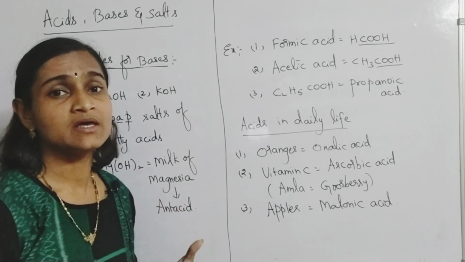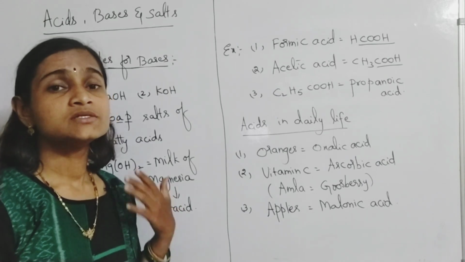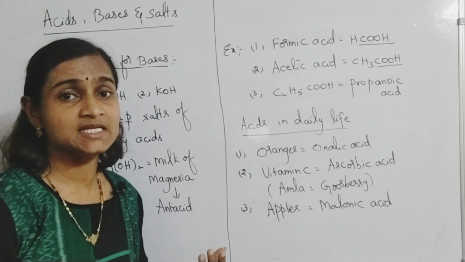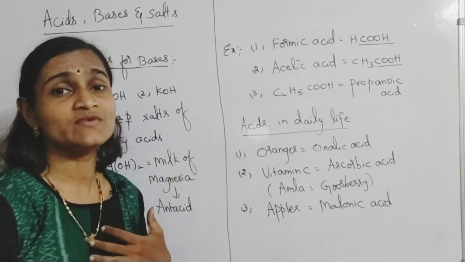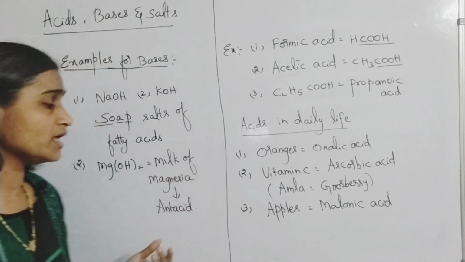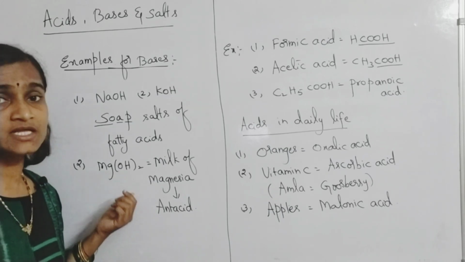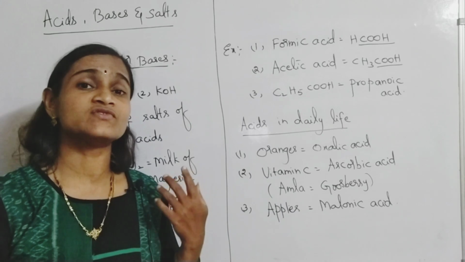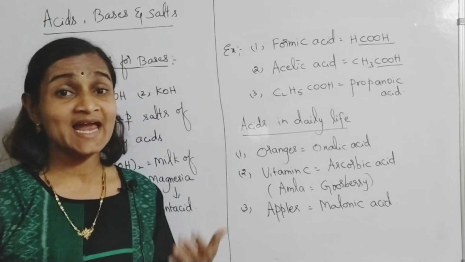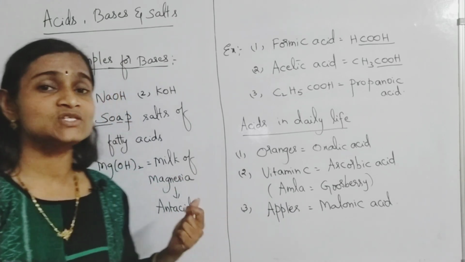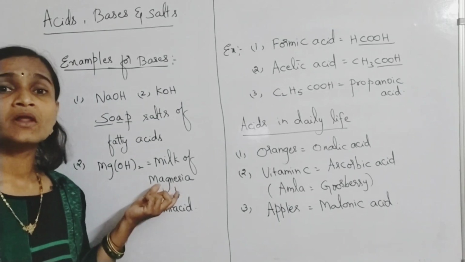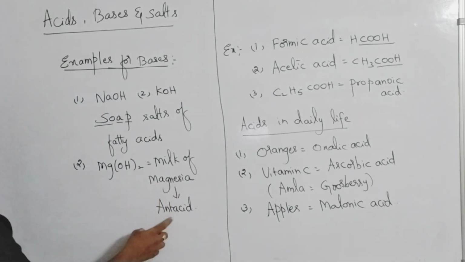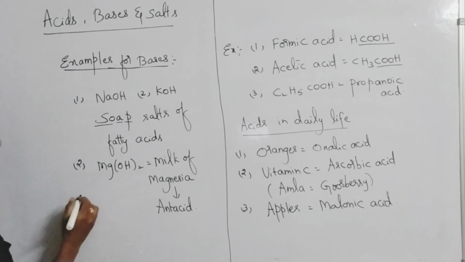Sometimes we get acidity, so to get rid of that acidity or burning sensation in our stomach, we use milk of magnesia, and even Gelusil and Digene, such kinds of syrups that we use as antacids. Magnesium hydroxide is there in antacids.